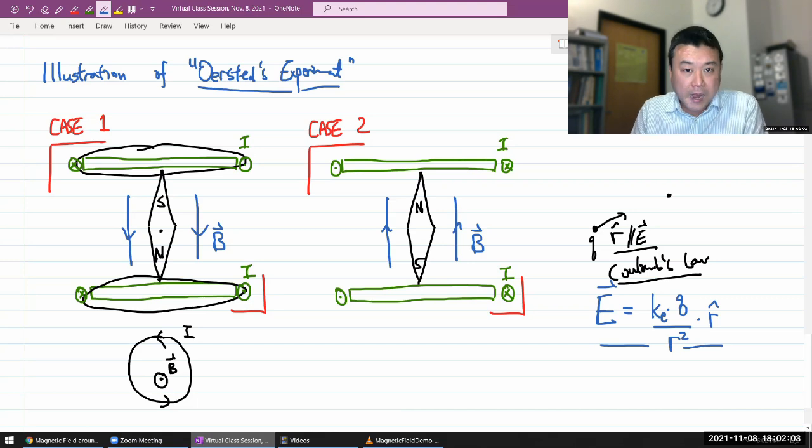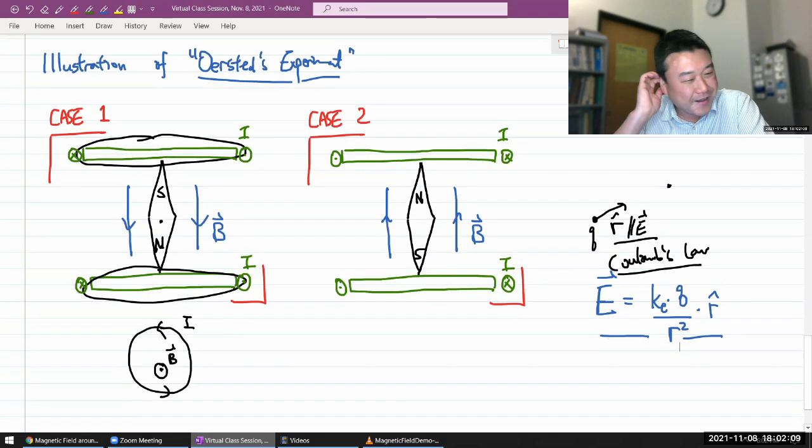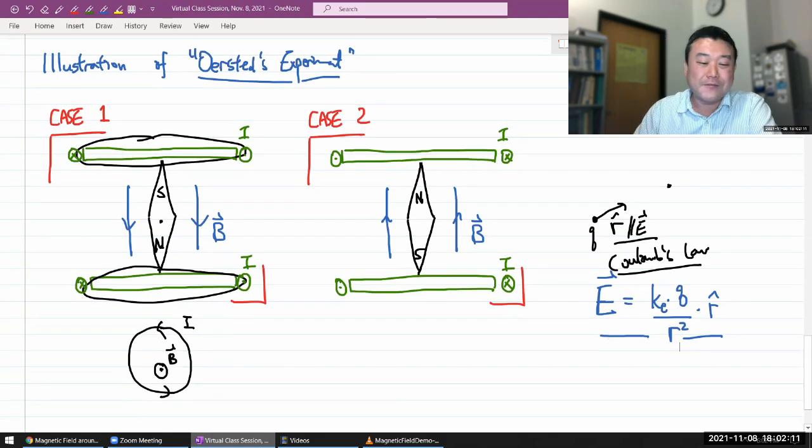And with the magnetic field, what I hope this demonstration is showing is that the relationship is not going to be that simple. We cannot say that the magnetic field points in the direction of current.